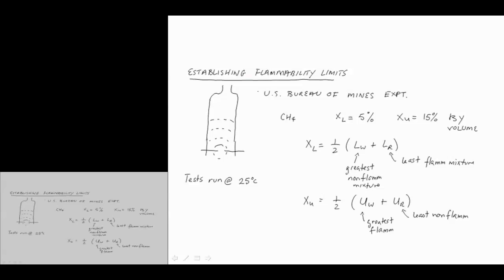All right, so let's get back into looking at flammability limits. The U.S. Bureau of Mines really led the development of flammability limit data for mine workers who encountered all sorts of different hazardous environments. If you look at methane as an example, the volume fraction of methane in air at the lower flammability limit is 5%.